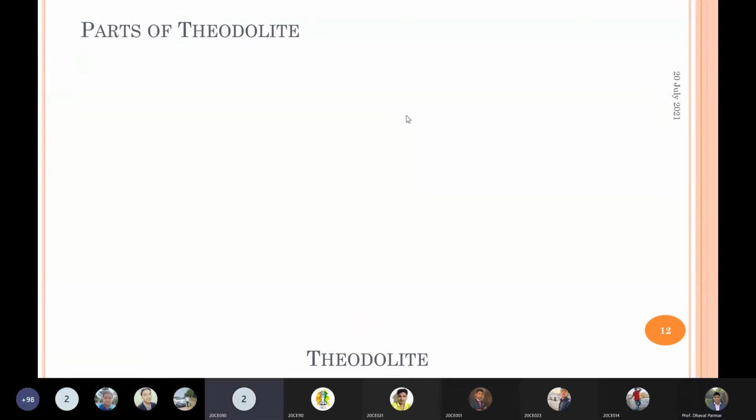Focusing ring. Okay, then telescope. Yes, bubble tube, good. Then any other parts? Operating keys.